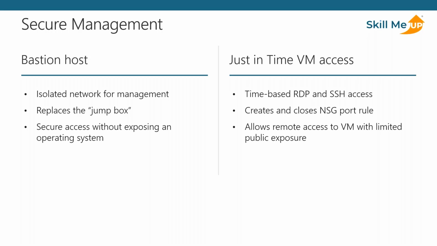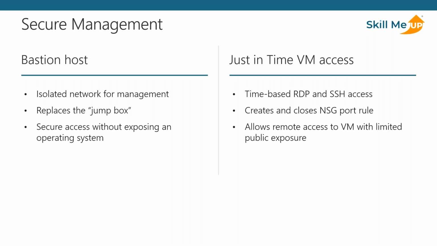In order to protect your organization from these attacks, these two services on the slide here can be used together to protect against those open ports. And those are Bastion hosts and just-in-time virtual machine access. And anyone that has done any type of server management in the past is probably familiar with the term jump box.